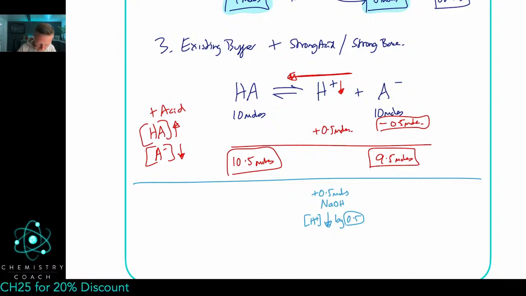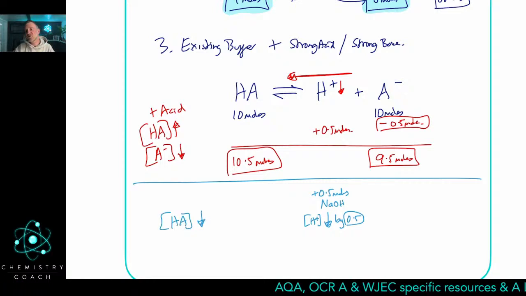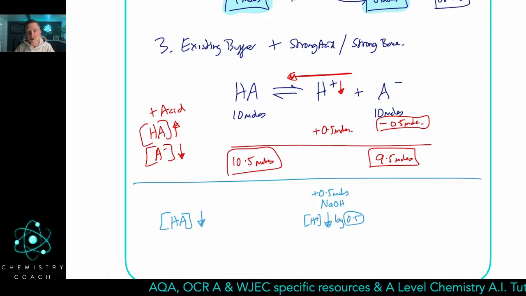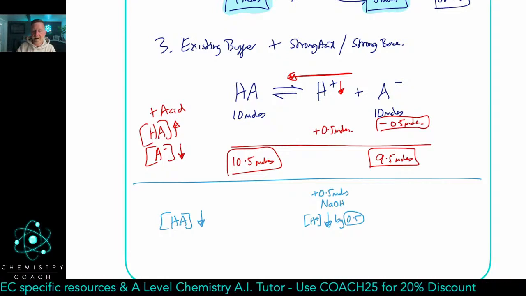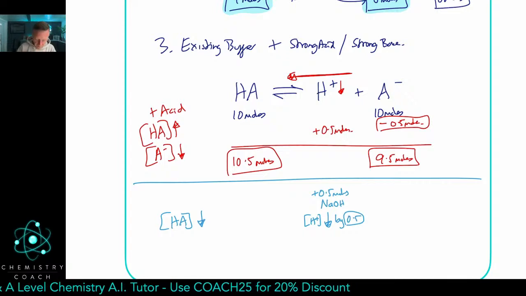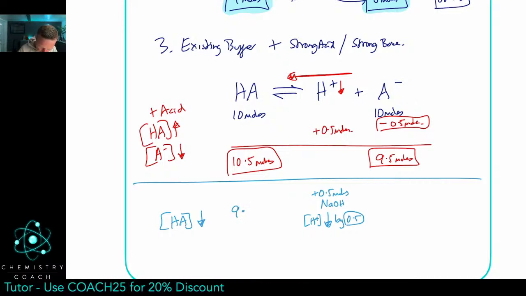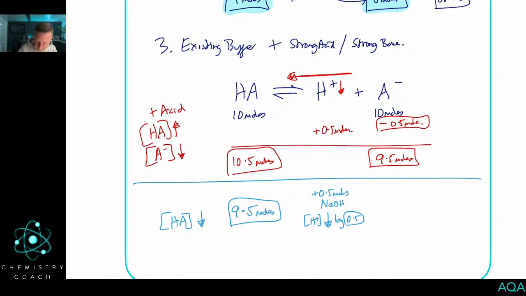So what actually happens here is that the acid concentration goes down, because to replace those hydrogen ions that have been neutralized by the strong base, that's then going to have to replace those hydrogen ions. So this HA now becomes 9.5 moles, okay, and our A minus becomes 10.5 moles.